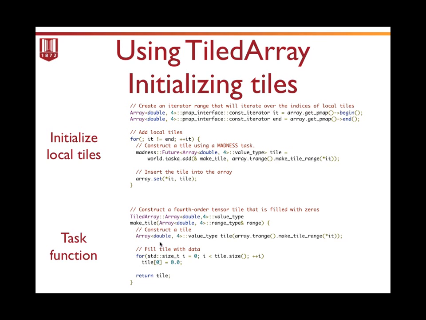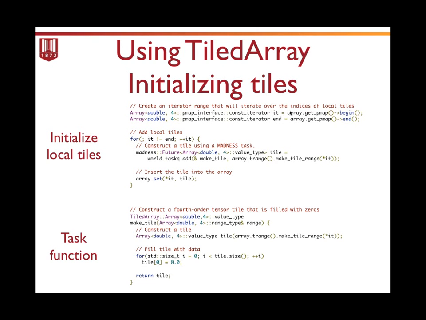So down here I've shown a very simple task function, what a task function might look like when you're filling in data for an individual tile. So we construct a tile, we fill it with zeros, and then we return the tile from the task function, which then assigns this value here. And we do this for every tile that is local to our data.